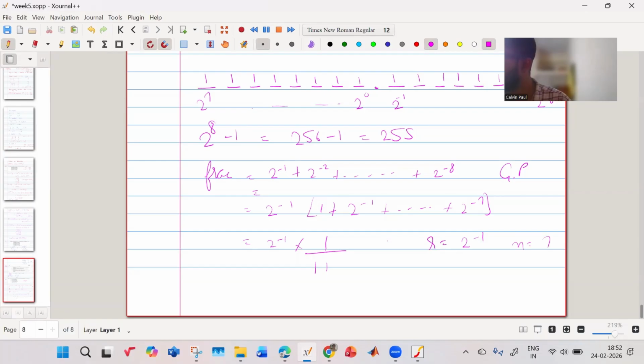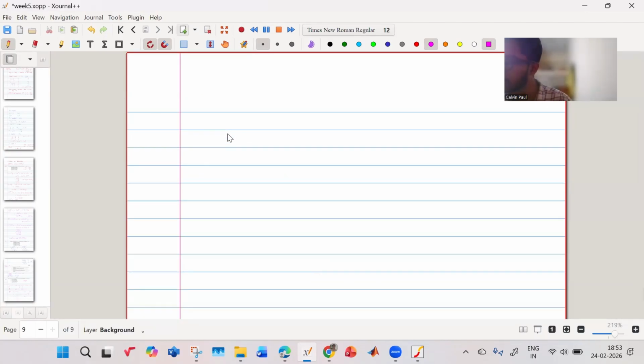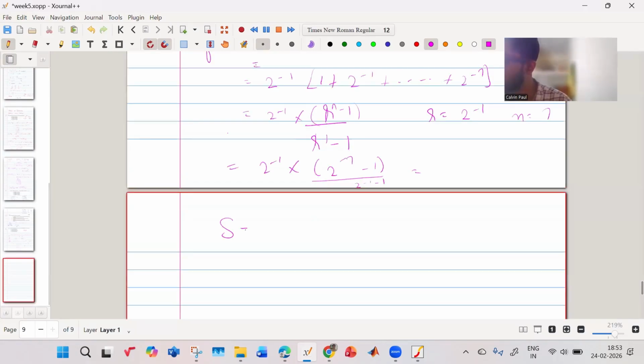So 2 raised to minus 1 into 2 raised to minus 7 minus 1 upon 2 raised to minus 1 minus 1.